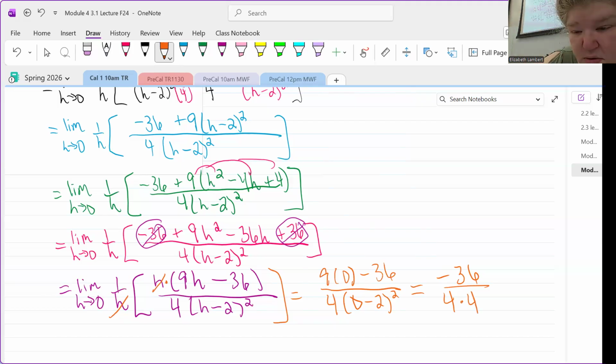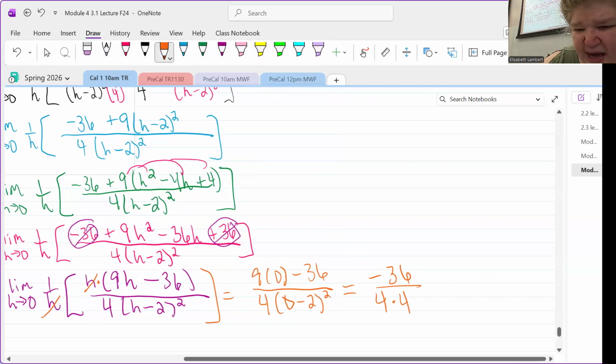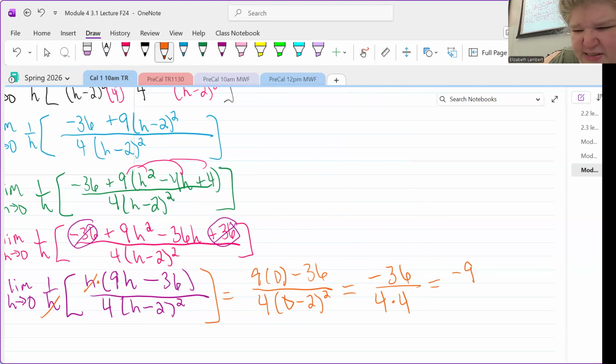36 is divisible by 4. 4 goes into 36 9 times, so negative 9/4.